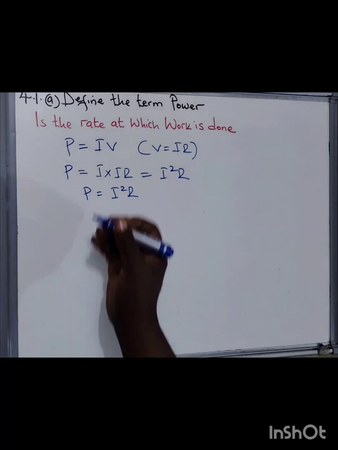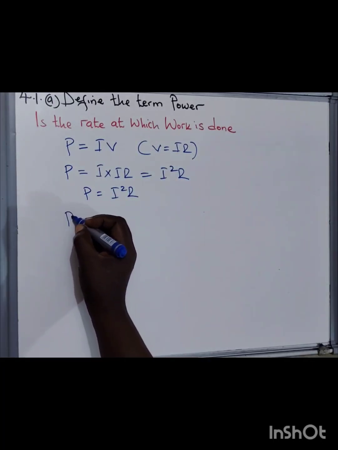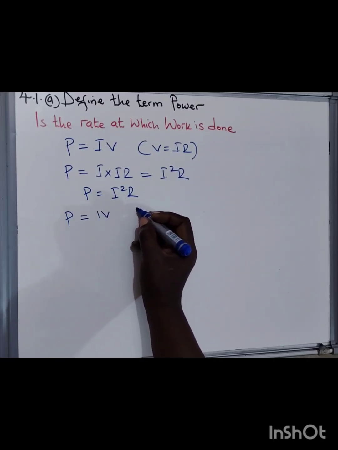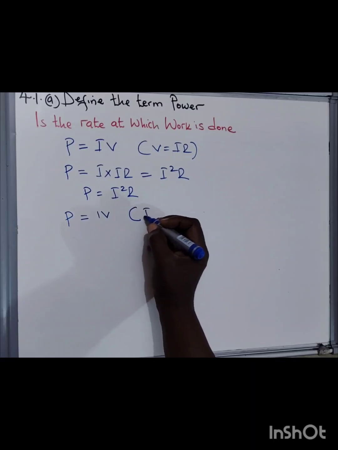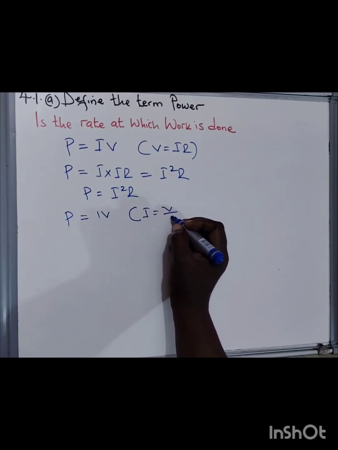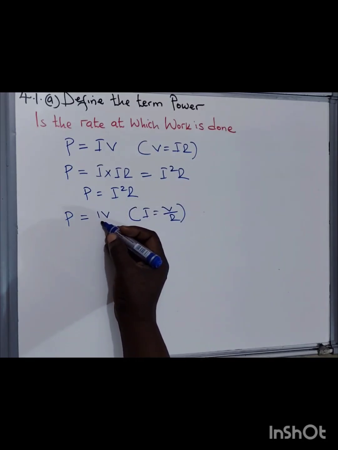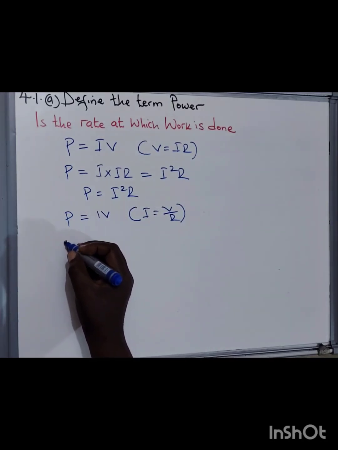Okay. Then if we have the same primary equation, which is IV, and we know that I is equal to V over R from Ohm's law, if you happen to substitute for I, what are you going to get?